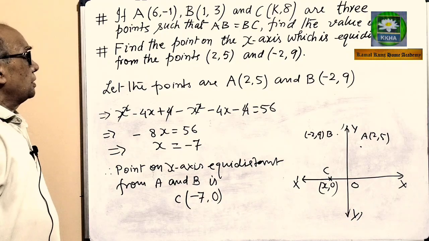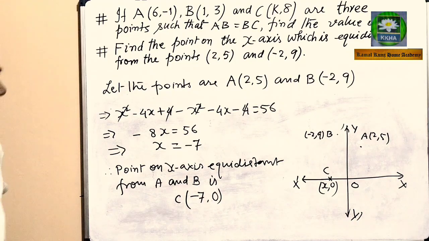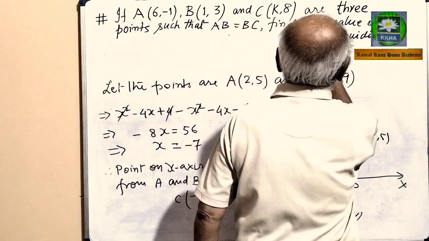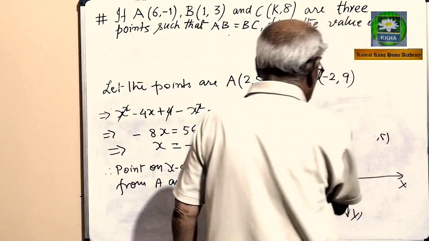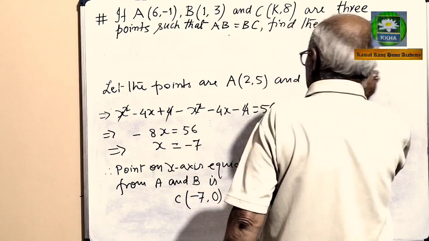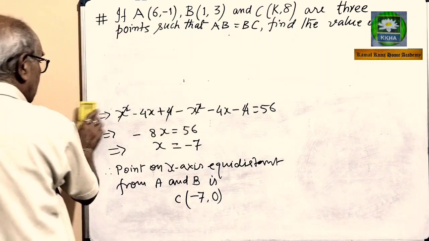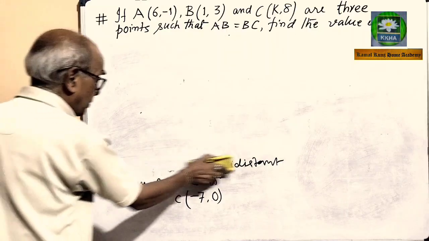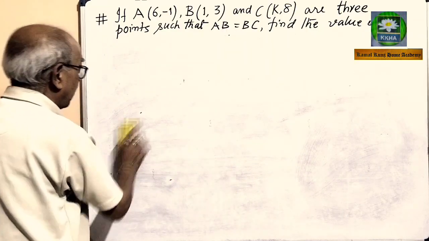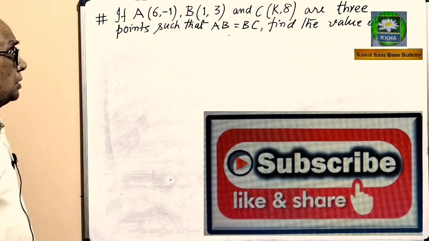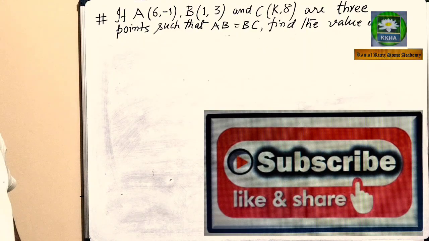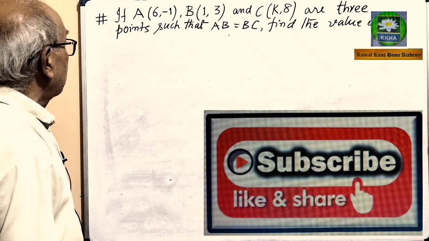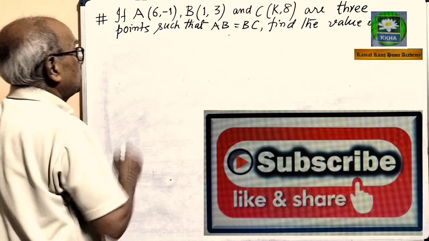Now let us solve the last problem. Here A, B and C are three points such that AB is equal to BC.